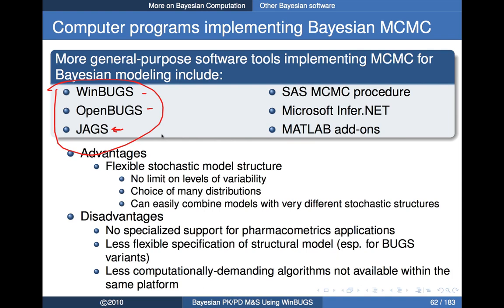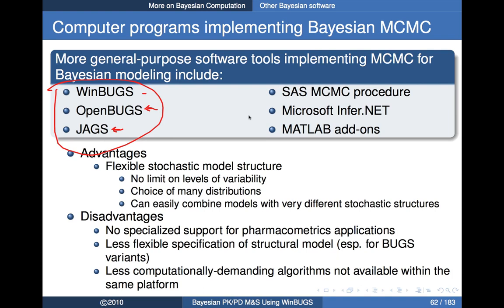In other words, whereas WinBUGS and OpenBUGS are for the most part restricted to a Windows platform, though there is a Linux version of OpenBUGS available, JAGS can port to pretty much anything that you can port C++ to, so it's more general in that sense. But there are fewer add-ons that have been built for it, so it's a trade-off. And again, it's usually a bit slower for most complicated models that we deal with.